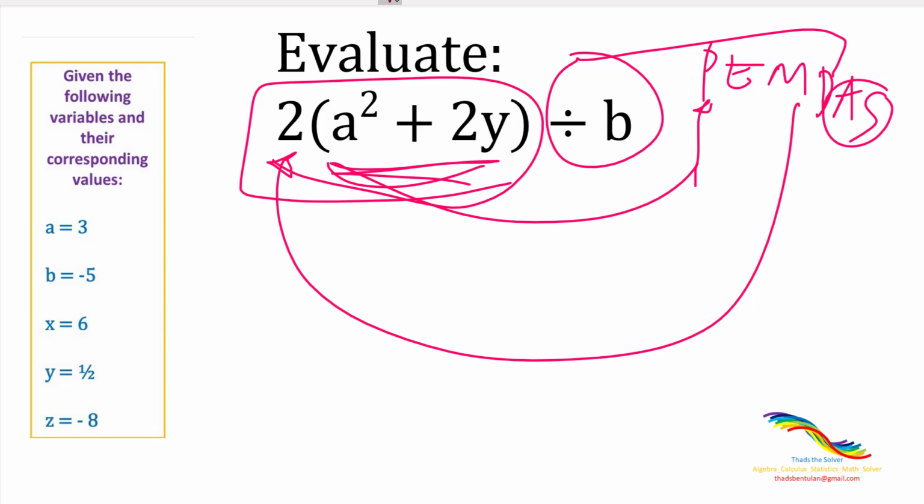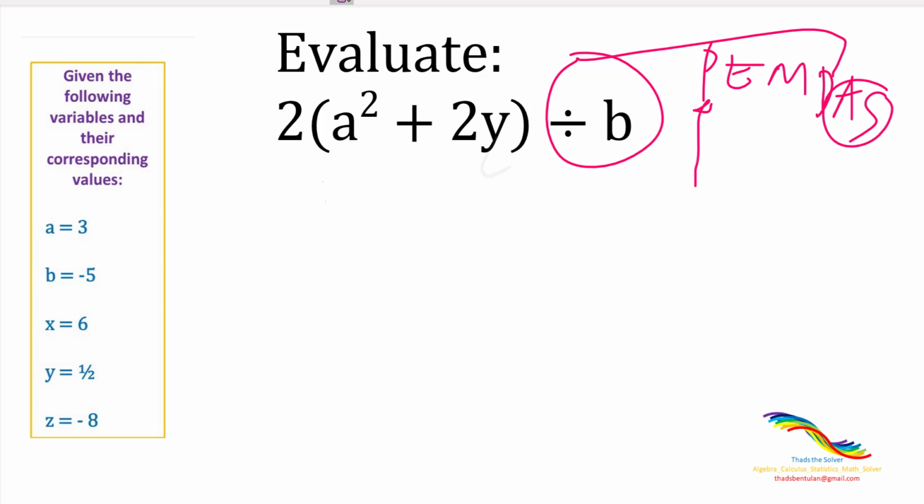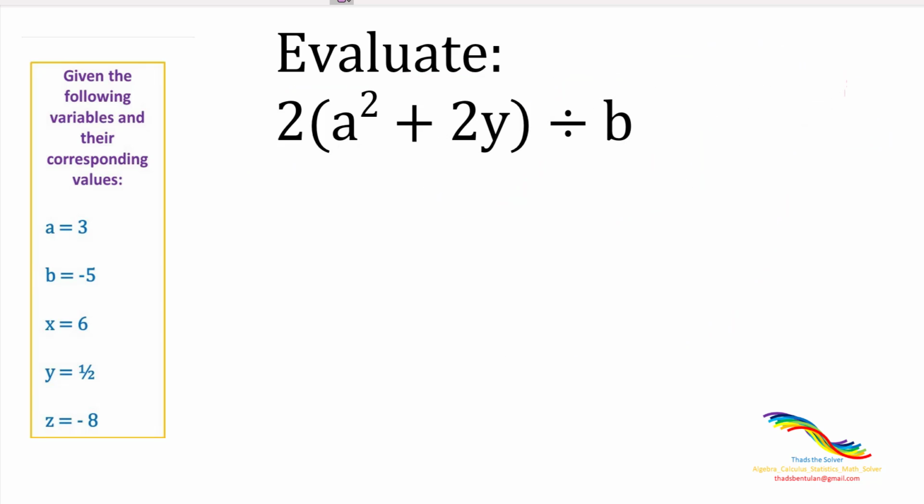Now normally we would think that addition and subtraction will be done last, but why is it that we're going to do this one first? When you see PEMDAS, you simplify the parentheses first. So this is the set of parentheses here, and you have to simplify this one first.